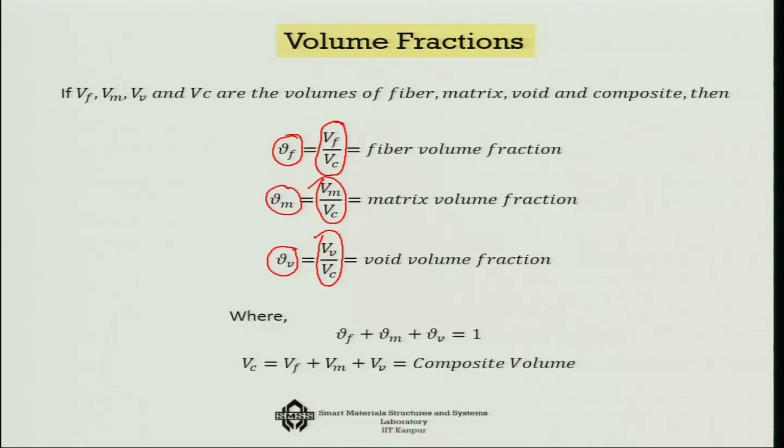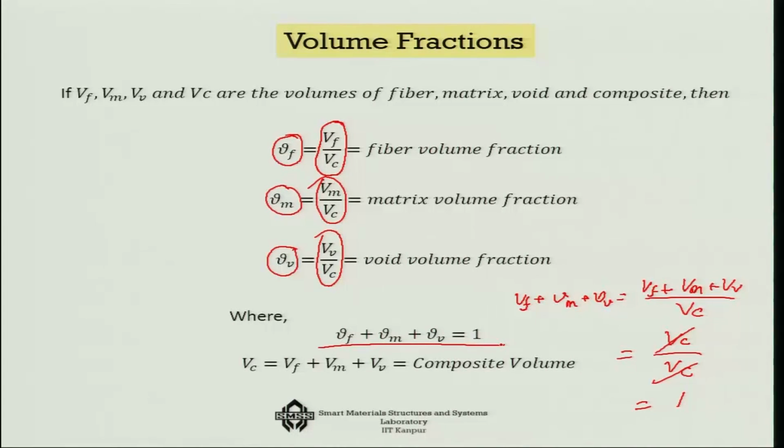So naturally if I add all of them together, what am I going to get? Vf over Vc plus Vm over Vc plus Vv over Vc equals Vf plus Vm plus Vv over Vc. Now Vf plus Vm plus Vv is nothing but Vc. So Vc over Vc is unity. So we can say that all the three things together are actually unity.